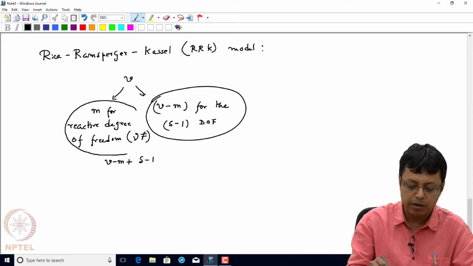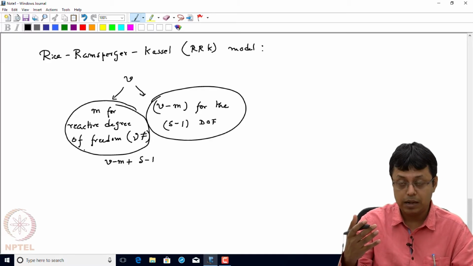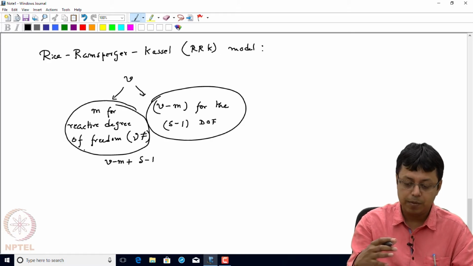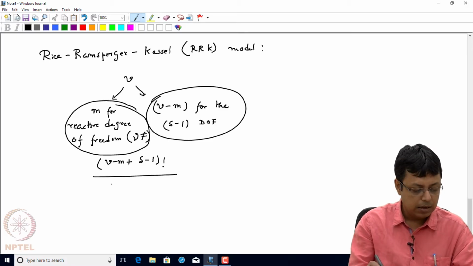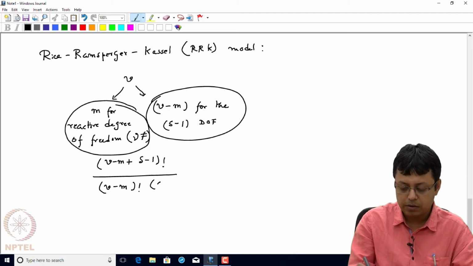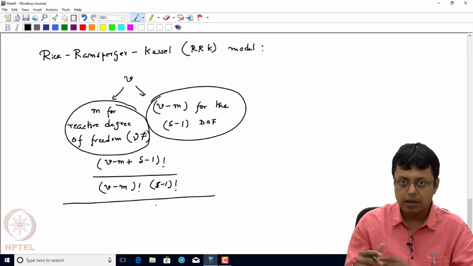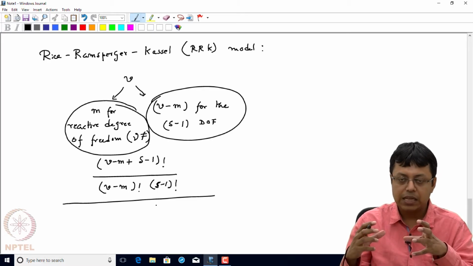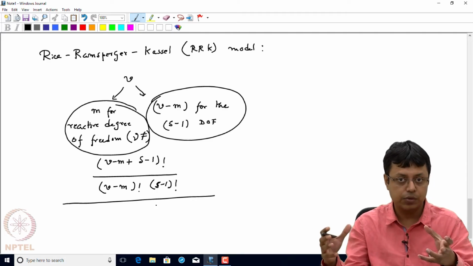You have a probability of having this m quanta for this particular mode, and that will be multiplied by this probability which you are doing, and ultimately when you do all this maths, you will get something like v minus m plus s minus 1 factorial and s minus 1 factorial, but this is basically the fraction in which this m quanta is going into this reactive mode, otherwise the reaction will not occur.